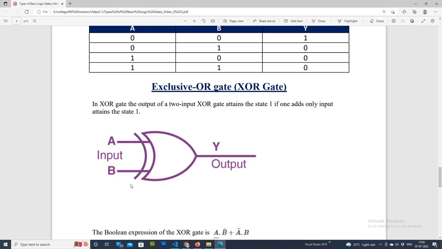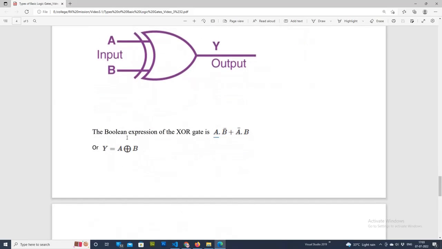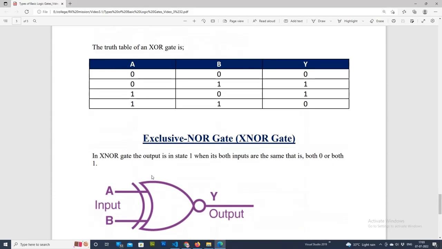It's a normal OR gate with a curved line, so it is the total picture of the XOR gate. The Boolean expression of the XOR gate is a dot b bar plus a bar dot b, or y equals a XOR b. We call this sign the XOR sign.